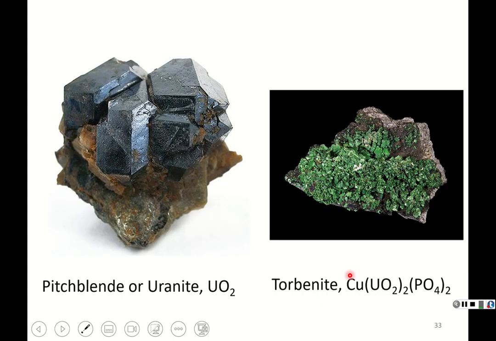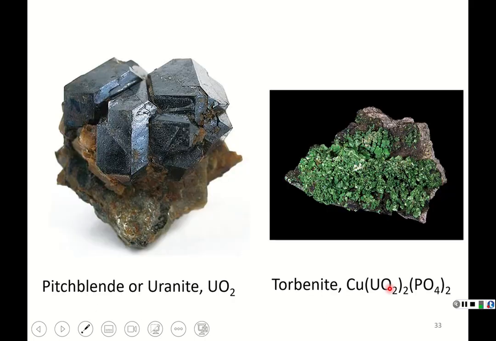Okay. What they were looking at was pitchblende, which is the mineral uraninite, which is uranium with 2 oxygens on it. Okay. And other things like torbanite, which is a more complex ion with that uraninite in it.